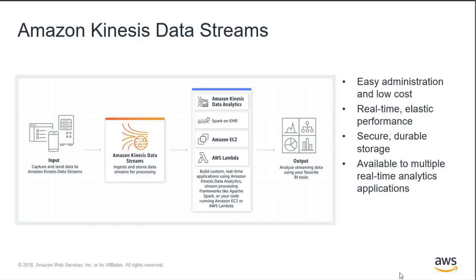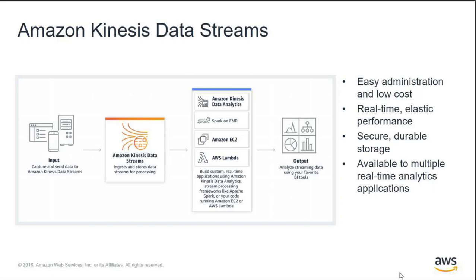The first service I'll cover, a streaming storage technology, is Amazon Kinesis Data Streams, which provides the ability for customers to easily capture, store, and then process real-time streaming data. The way you interact with the service is you create a stream, and then you set up your data producers to write to that data stream. Then you have one or more data consumers read from that data stream.